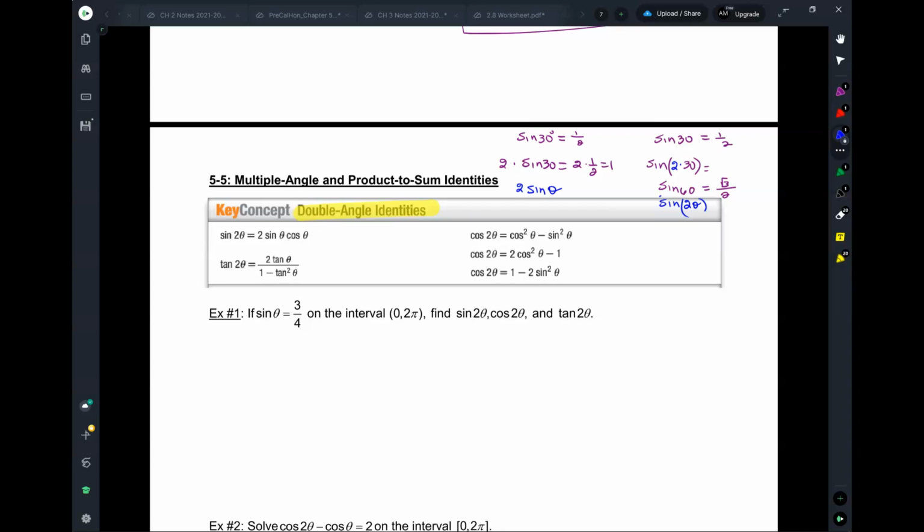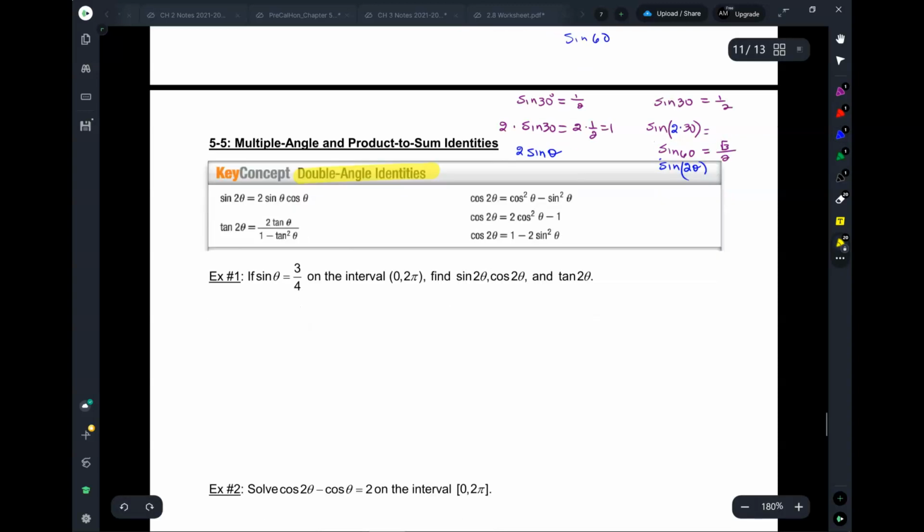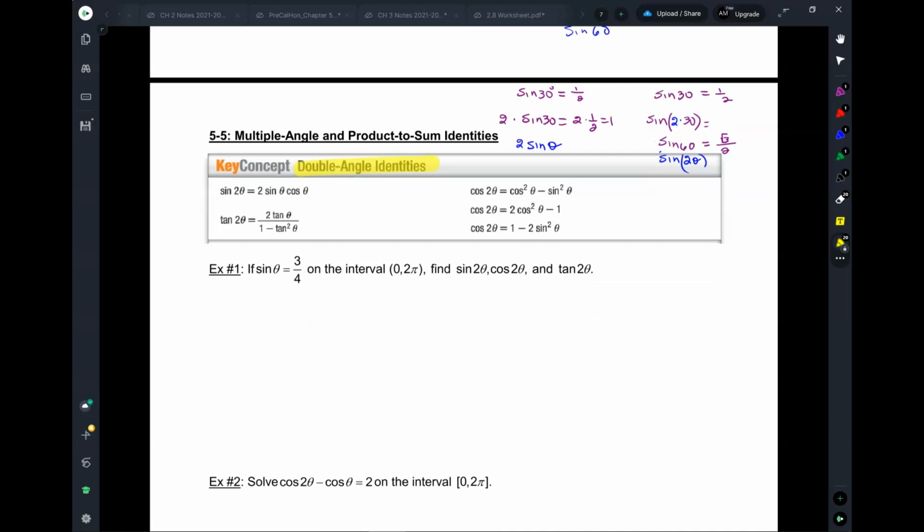Okay? And so if I start with sine of 60 degrees, and then I do sine of 2 theta, how much is it then? Sine of 120, and so now that's a whole other quadrant too, right? So like a whole other situation. So what we're going to tackle today are double angle identities.